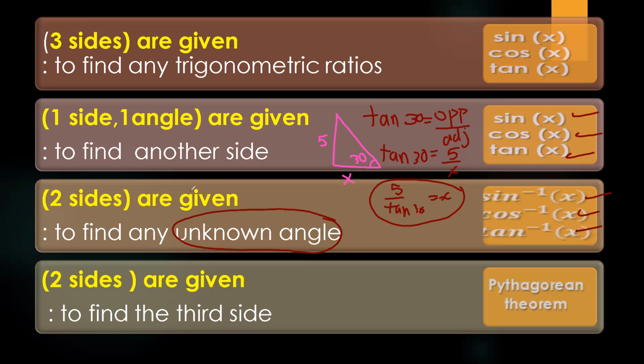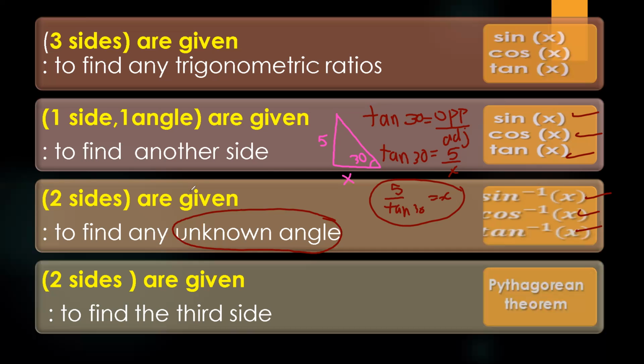But if you have two sides known and you need to find the third side, you need to use the Pythagorean theorem.